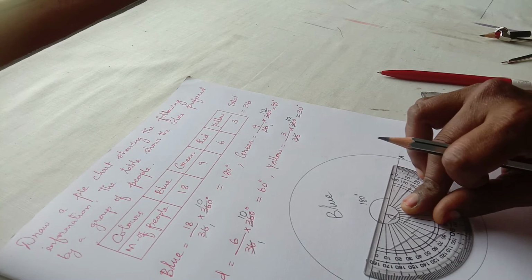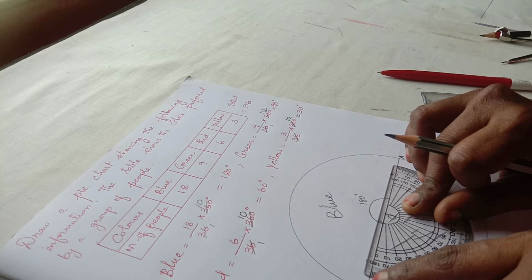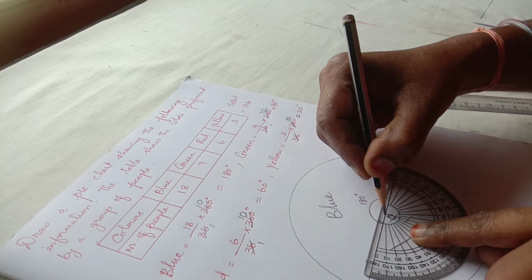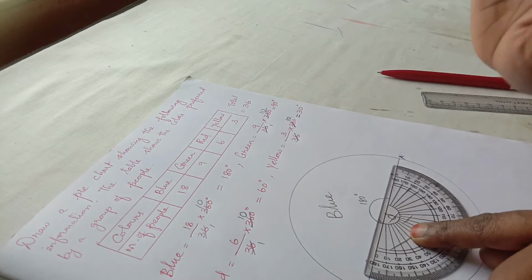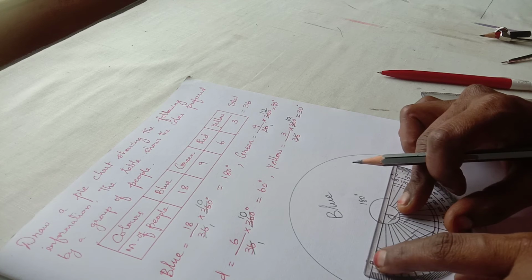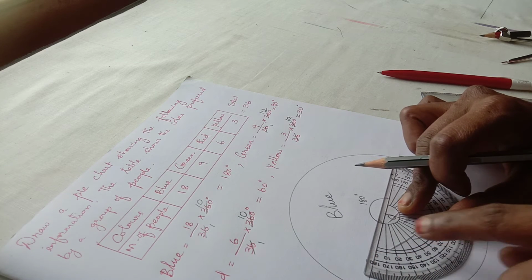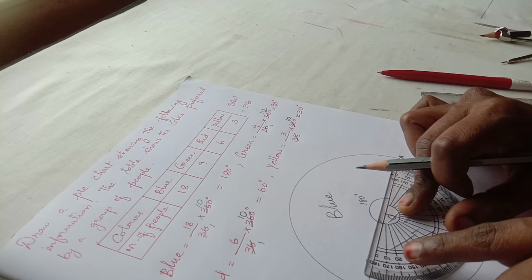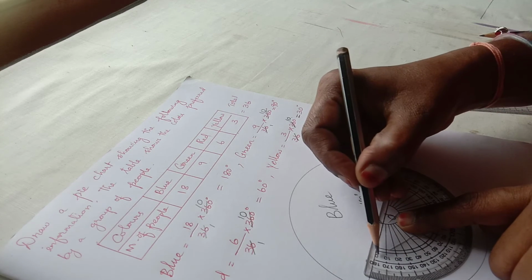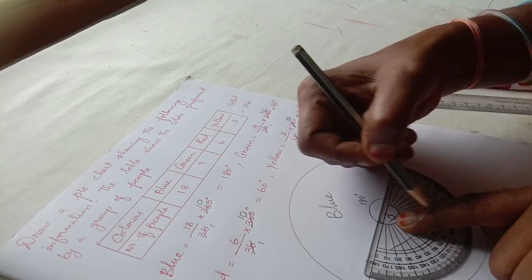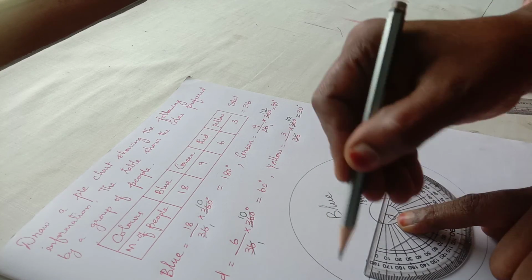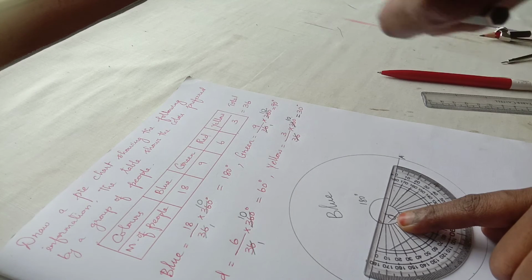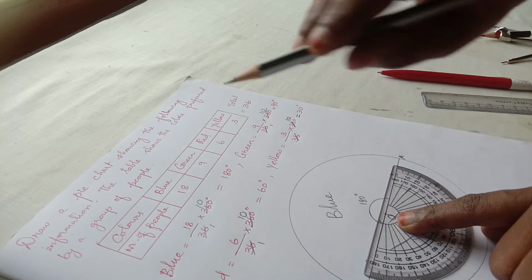Now that OB line and the zero baseline of the protractor coincided. From this side only we are moving, with 0, the inner circle, not 180, for the 90 degrees we need to construct.